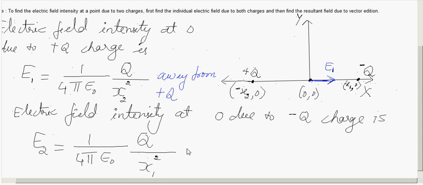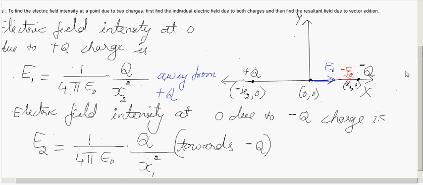It is a minus charge, so the electric field intensity is towards the charge. The direction is towards minus Q. So at point O, E2 is marked towards minus Q.